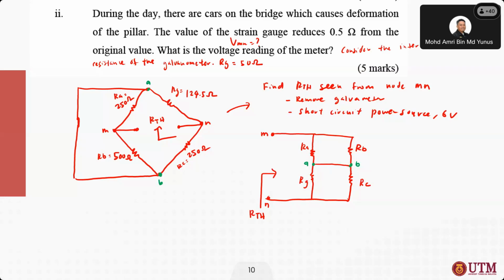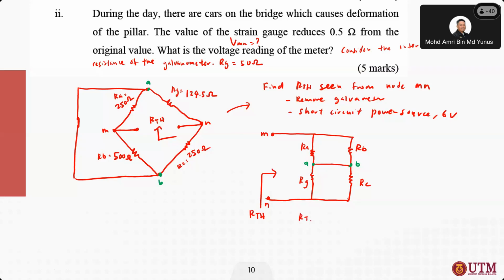So the equivalent Thevenin resistance seen from point M and N looks like this. You can see that point A and B is short circuited, so that should short circuit this part and this part.